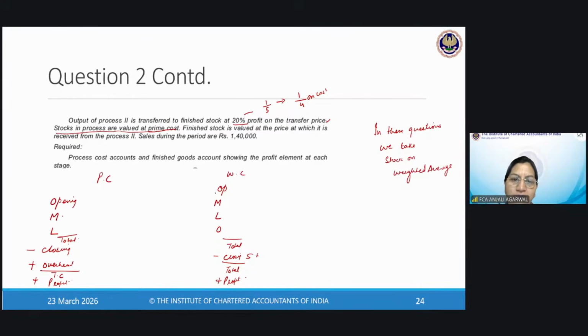Otherwise, you will have to keep the opening stock separate, first take the total of two, then separate the closing stock, and then add opening again. So if the stocks are to be valued at FIFO, the closing stock will have only the current costs, not the opening WIP. But here I'm taking opening, material, labor, adding all this and then subtracting the closing stock, which means the stocks are valued using the weighted average method. You can write this as a footnote.